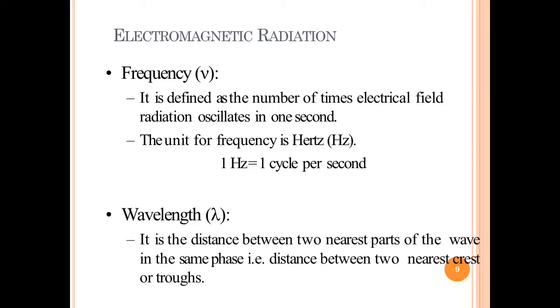Electromagnetic radiation possesses 4 different properties: frequency, wavelength, energy, wave number. Then what is frequency? Frequency is defined as the number of times the electric field of the radiation oscillates in 1 second, or else the magnetic field component of the radiation oscillates in 1 second. In other words, in our previous classes, we learned frequency as the number of waves produced from a source in unit time.